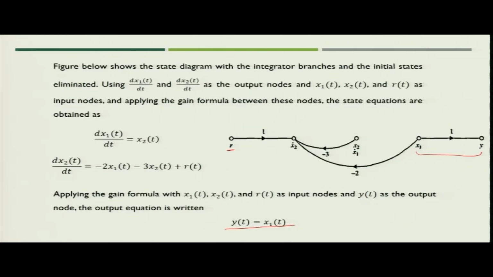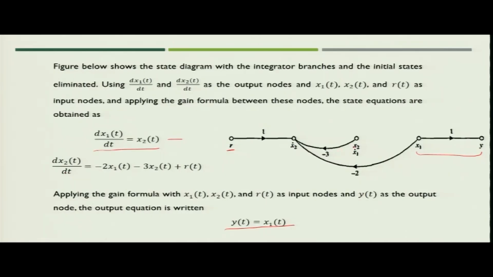Now, let us try to find the state equation. When you see this particular node, x2 is nothing but x1 dot. So, x1 dot is nothing but dx1 by dt. So, we get one equation as dx1 by dt is equal to x2. Next we have the node x2 dot, which is nothing but dx2 by dt.